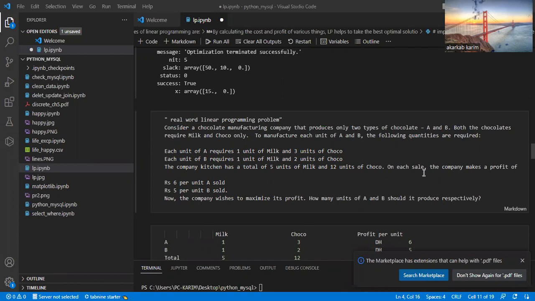On each sale, the company makes a profit of 6 rupees per unit of A sold and 5 per unit of B. Now, the company wishes to maximize its profit. So how many units of A and B should be produced respectively? That means to maximize our function, how much of A and B should be produced.